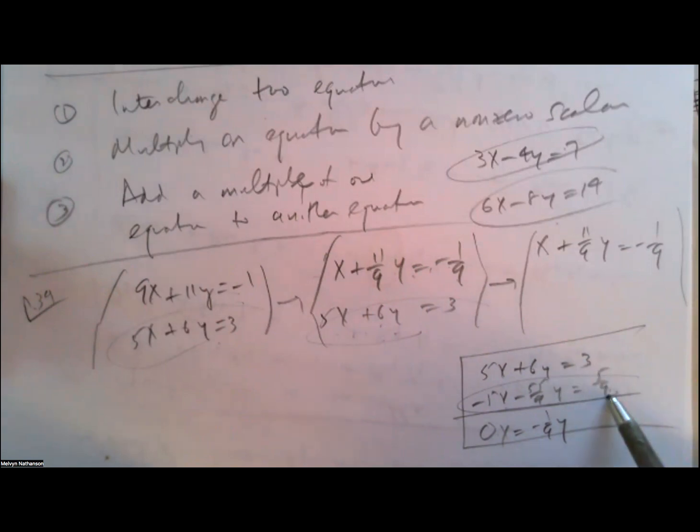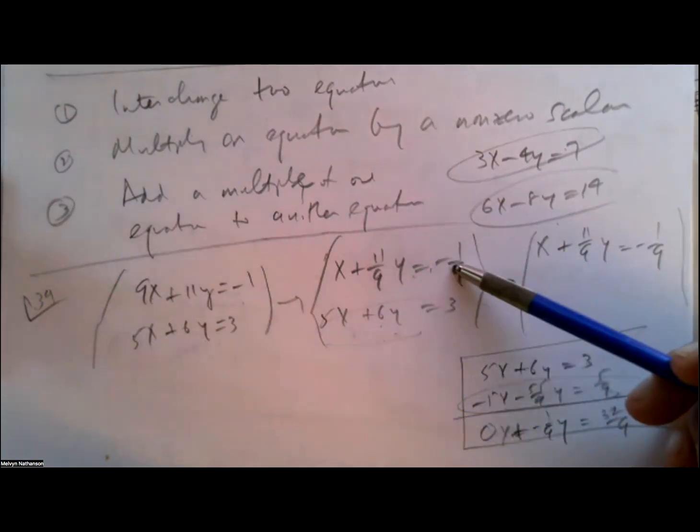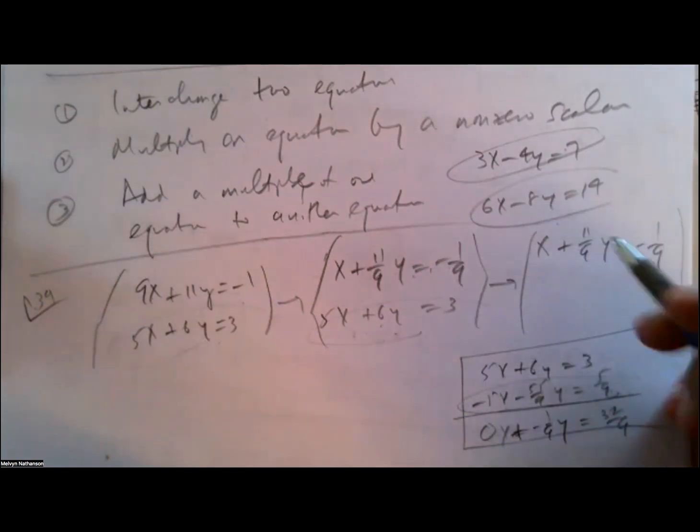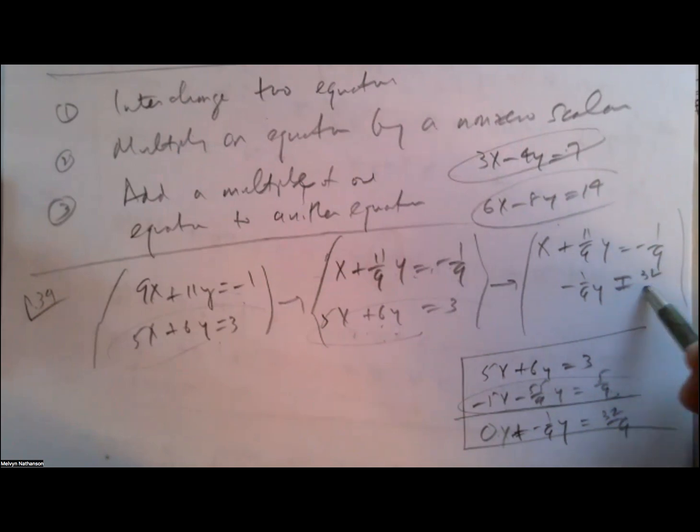And 3 plus 5/9: 3 is 27 over 9, and 27 over 9 plus 5 over 9 is 32 over 9. So when I add -5 times this equation to the second, I get -1/9 y equals 32 over 9.